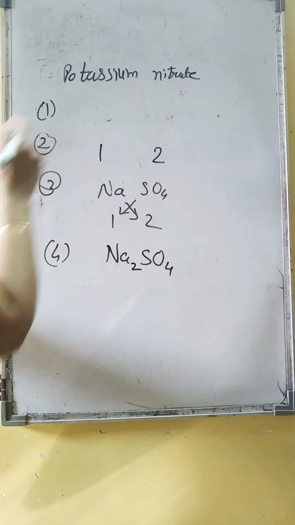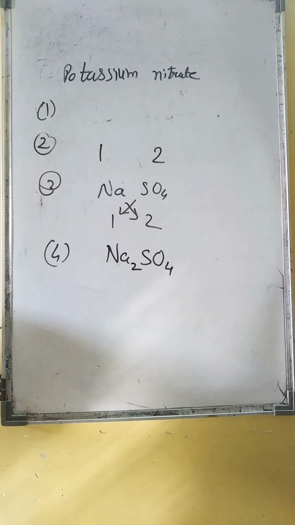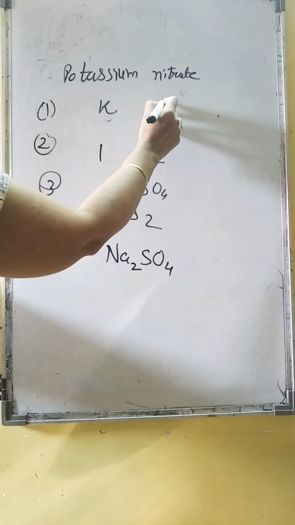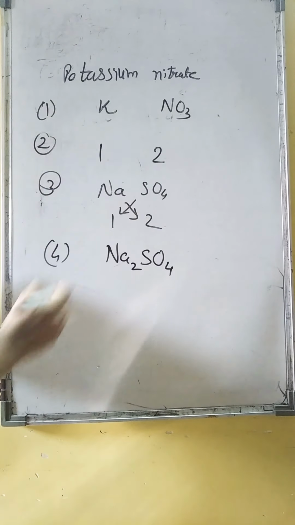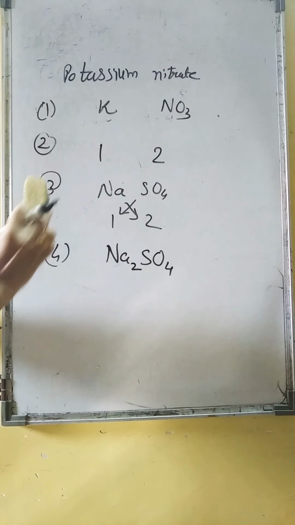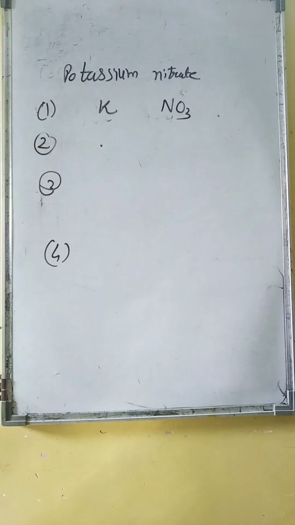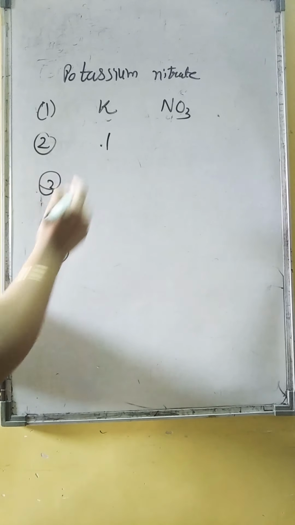First step, potassium. What is the symbol? K. And nitrate, NO3. Right? Write down the valency. You can make use of page number 56 to see the valency part.